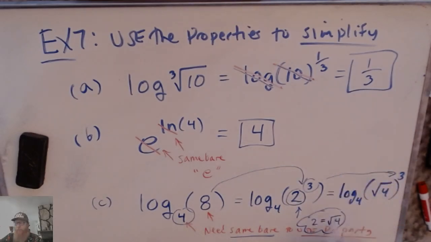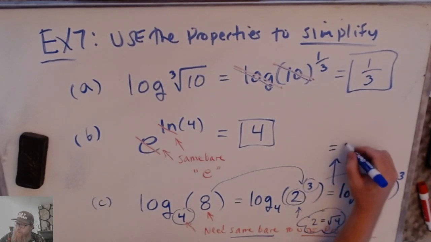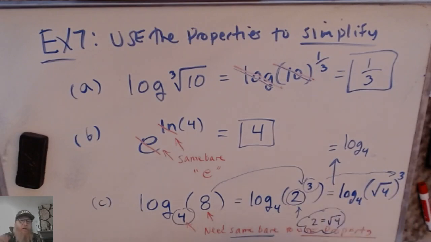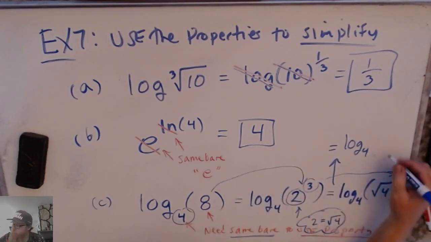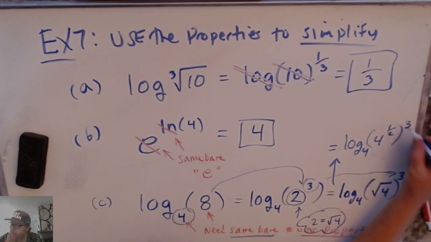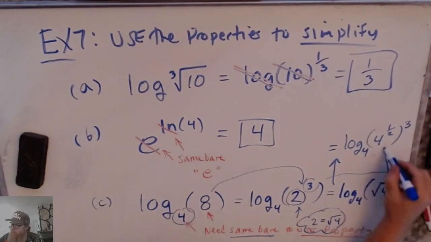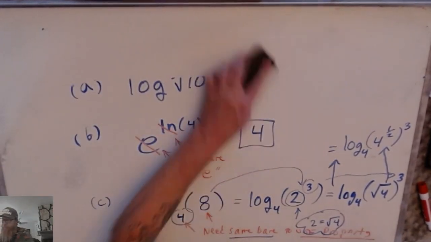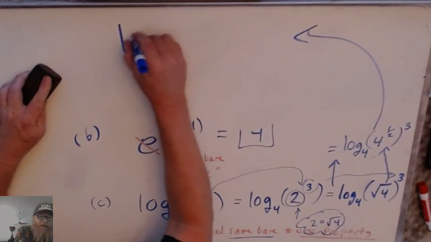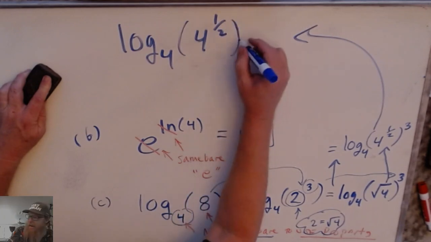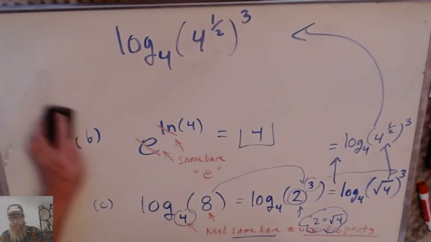I'm a little bit out of room now, so I'm going to have to work up here. So now I have log base 4. What is the square root from all of our previous logarithms? It's 1/2 power. So the square root becomes 4 to the 1/2. So I've got log base 4 of 4 to the 1/2, all cubed.